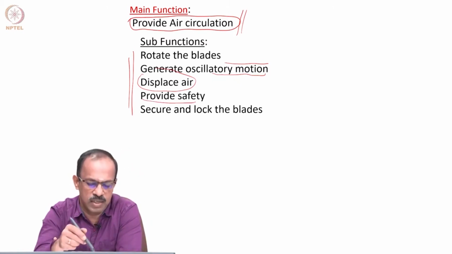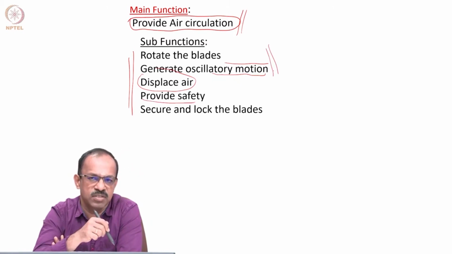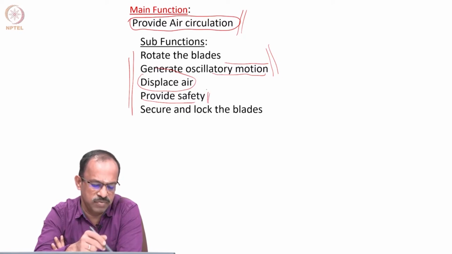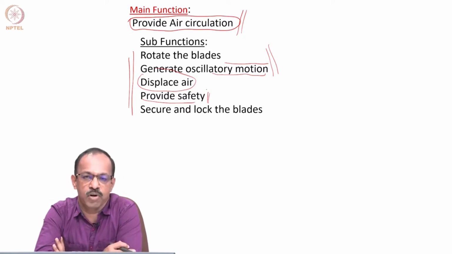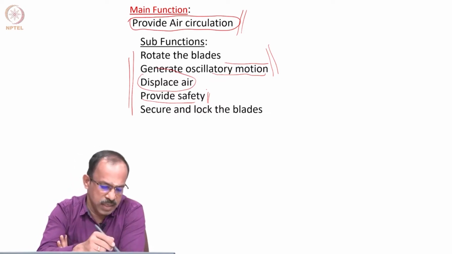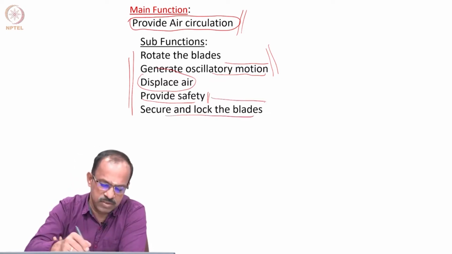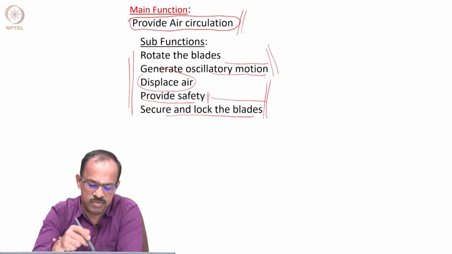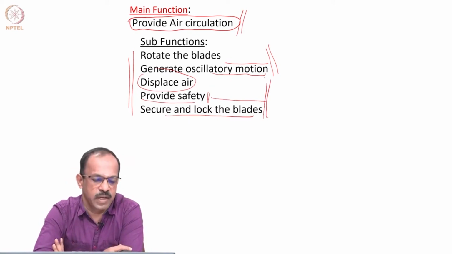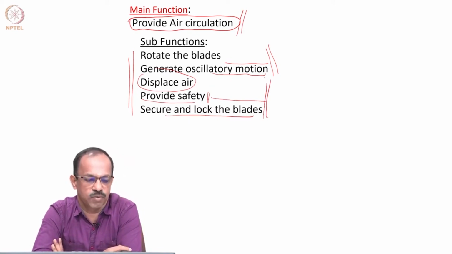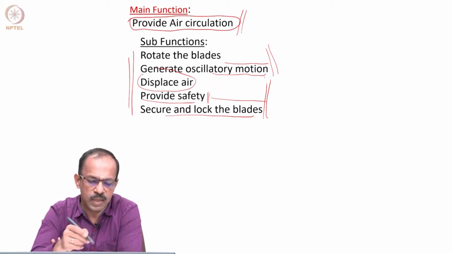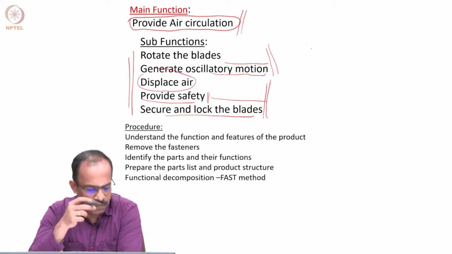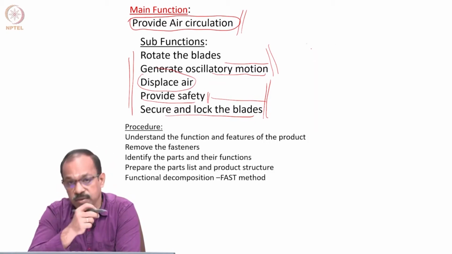In addition to that, it has to provide safety features so that it does not hurt the people around the product, and the blade and other things should be secured onto the assembly. So these are the other requirements to be satisfied in order to get the air circulation happening. Now we'll see how to do this decomposition.